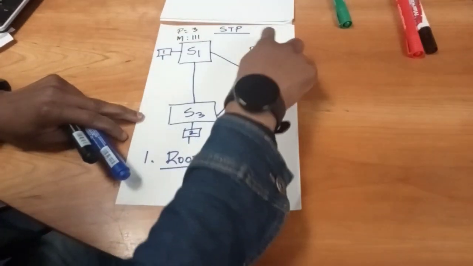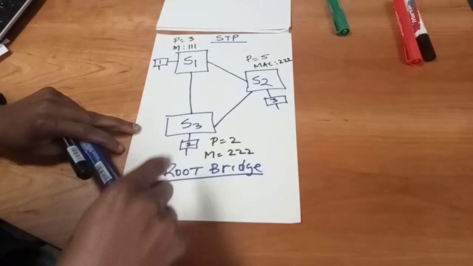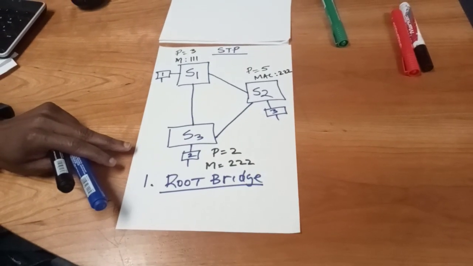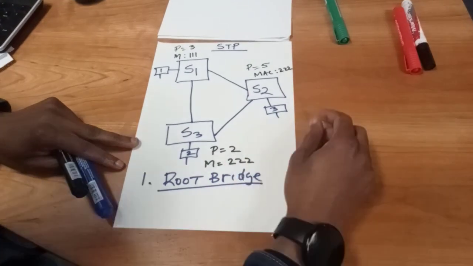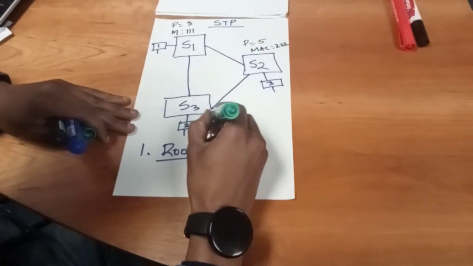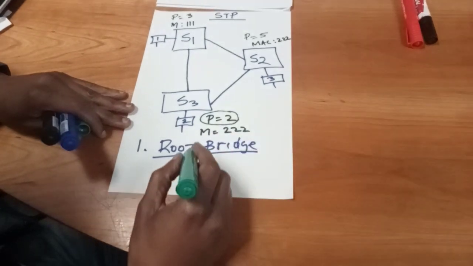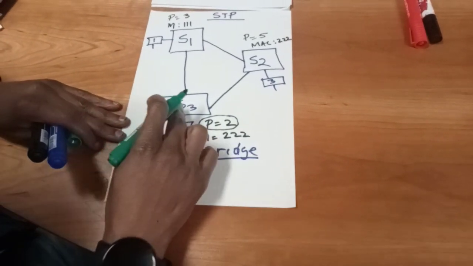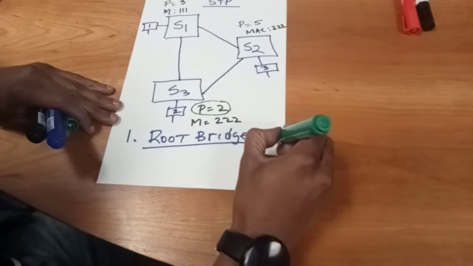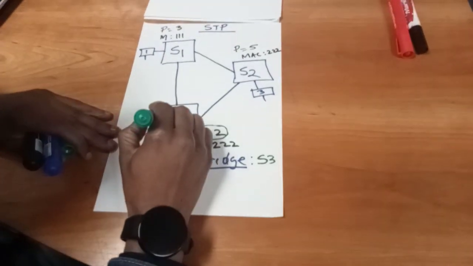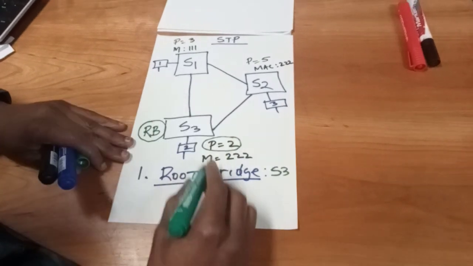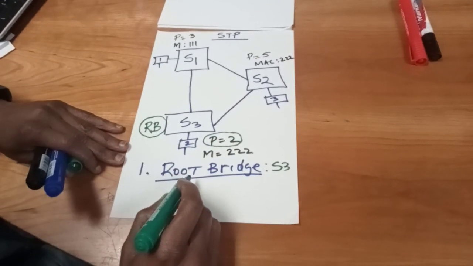When you check the priorities of all those 3 switches, the lowest priority is which one? It's this one, number 2, right? So switch number 3 will be the root bridge. Switch number 3 is going to be your RB. Why? Because the priority is less, right?